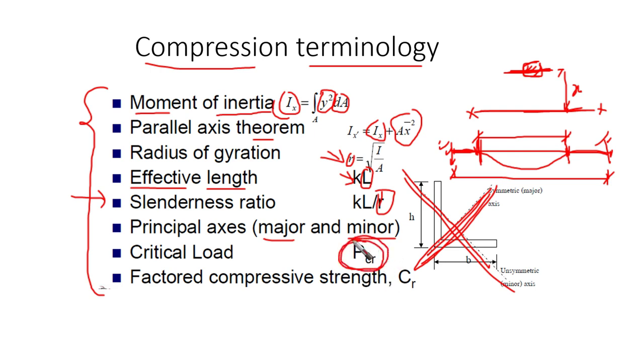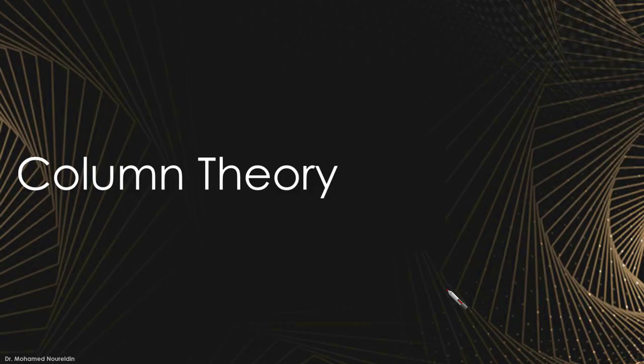It is the loading that is going to trigger buckling in the element. Factored compressive strength, we call it CR. We are going to see all of these terminologies and annotations later.